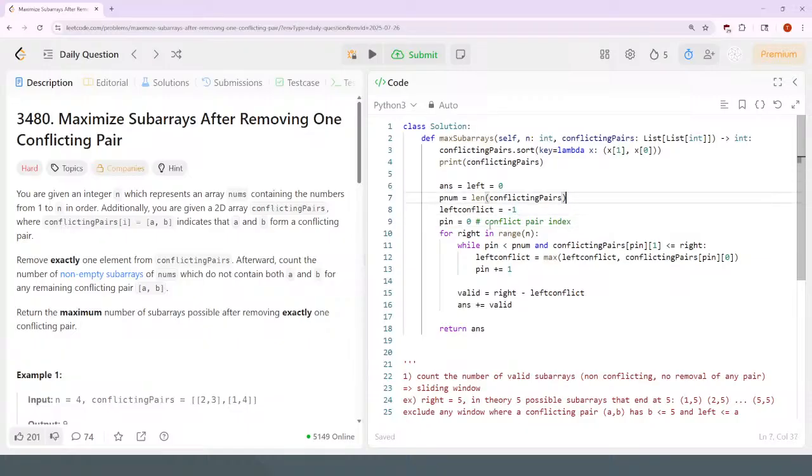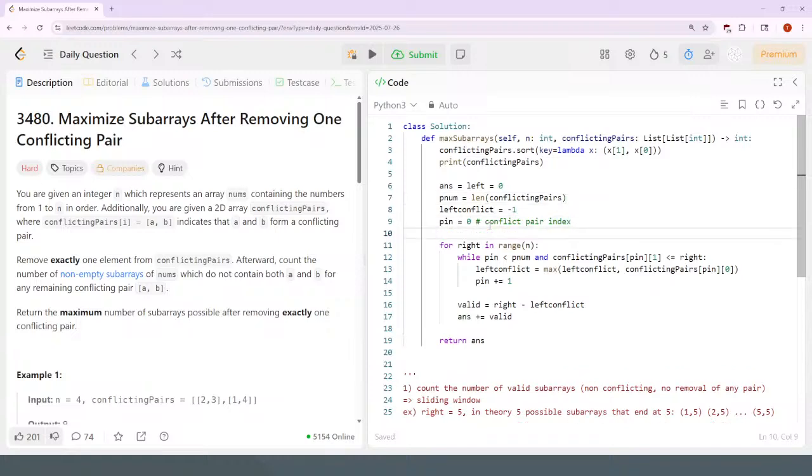That's fine. And I have the extra valid, the kind of extras created, which is 0 times the number of, this is count of valid subarrays.